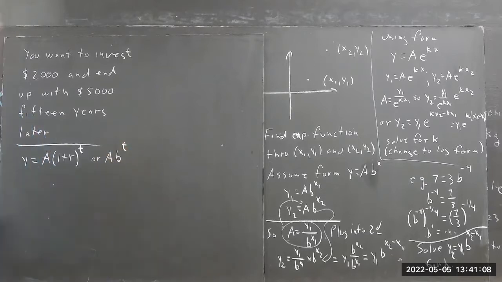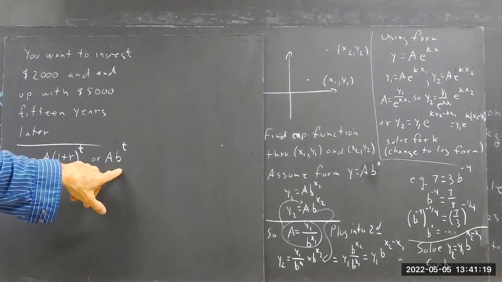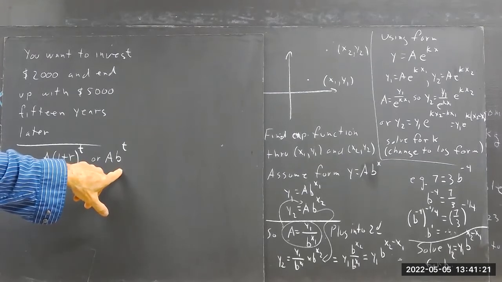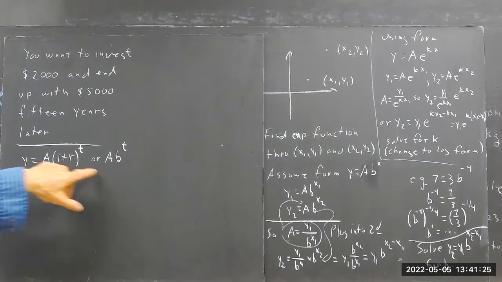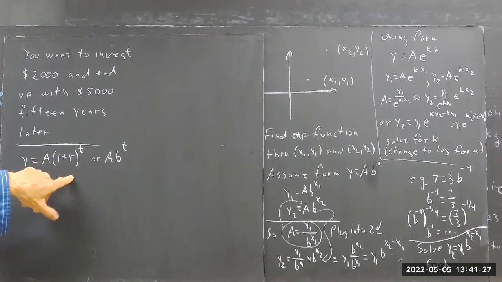Or ab to the t, because you can do ab to the t, then you can figure out what r has to be, because b is 1 plus r, right? So I'd recommend you go to this form, solve it, and then realize that b and 1 plus r are just your base, just two different ways of writing your base, so you can easily figure out r.